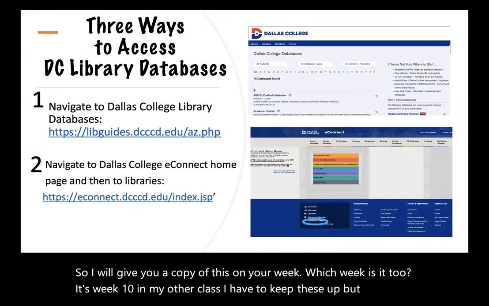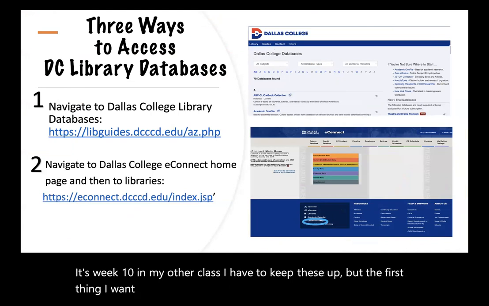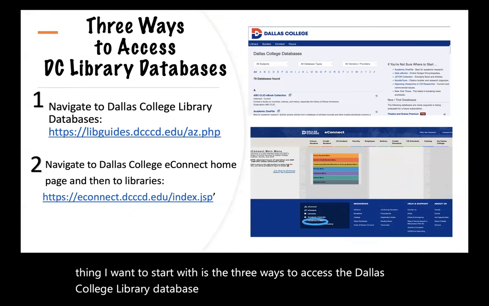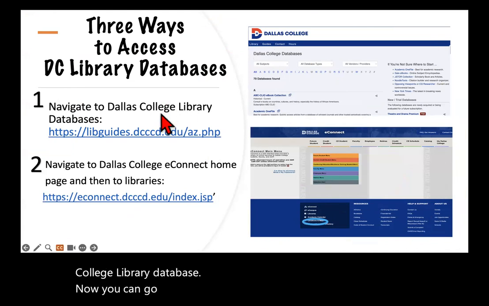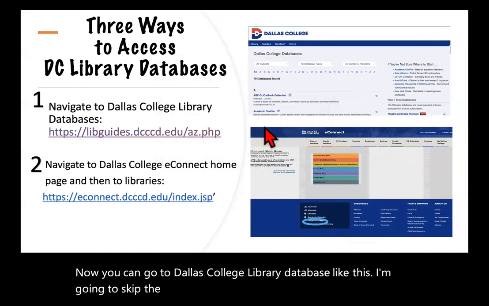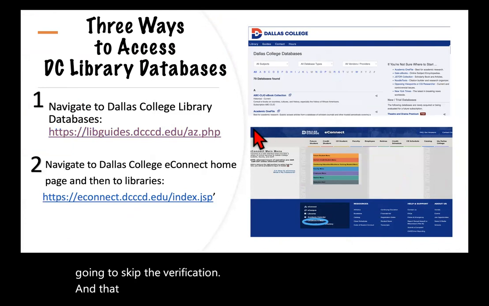But the first thing I want to start with is the 3 ways to access the Dallas College Library database. Now, you can go to Dallas College Library database like this. I'm going to skip the verification, and that takes you to it. That's one way.